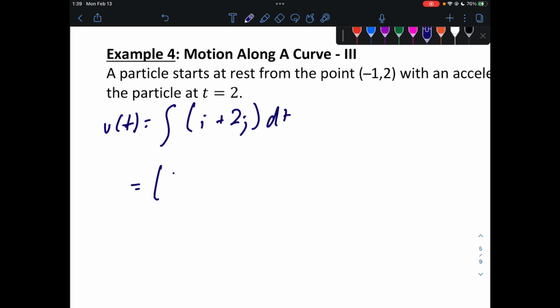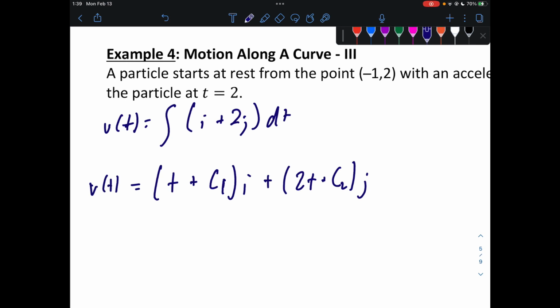And that's going to give us t plus c1 i plus 2t plus c2 j. That's our velocity function.